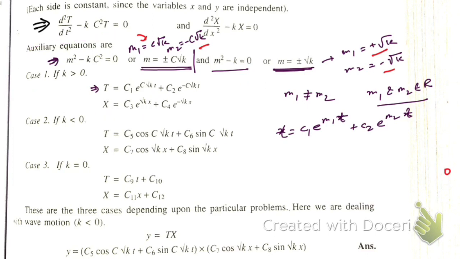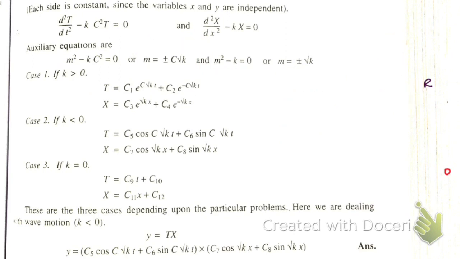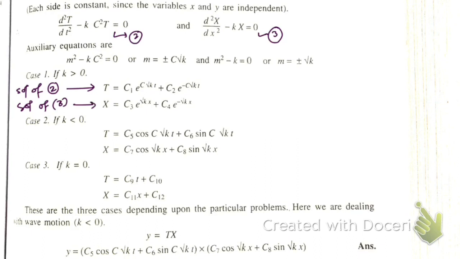Let me clean up these things. Let me take this as equation number 2 and this as equation number 3, and the solution of 2 is this and the solution of 3 is this. Okay, so here we have 3 different cases for k.